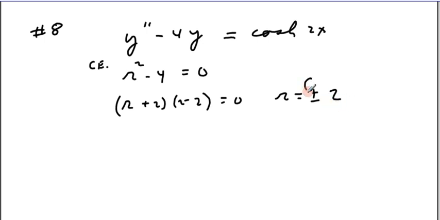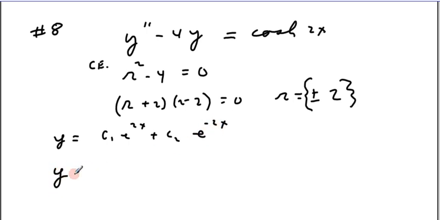Very interesting, isn't it? r is going to be plus or minus 2. So now, I could say that y is equal to c1 e to the 2x plus c2 e to the minus 2x.